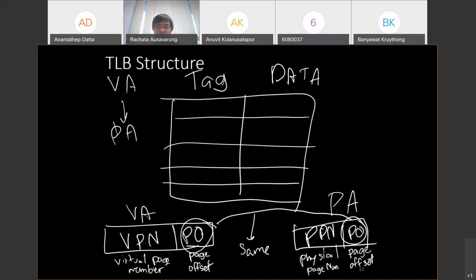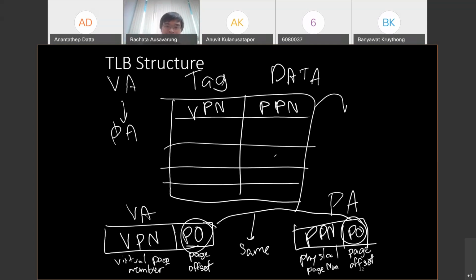Which one is unique in the virtual address so that I can use it to tell the physical address? Exactly, yes. So you put in the virtual page number here, and you put in the physical page number here. Because the page offset is the same, there's no need to put in the page offset. Over here, each entry contains the virtual page number, and you get the physical page number back.